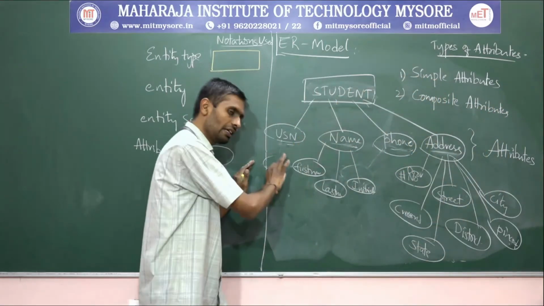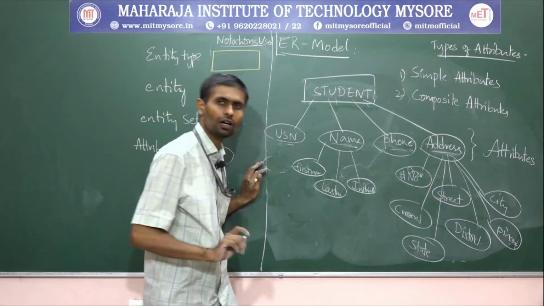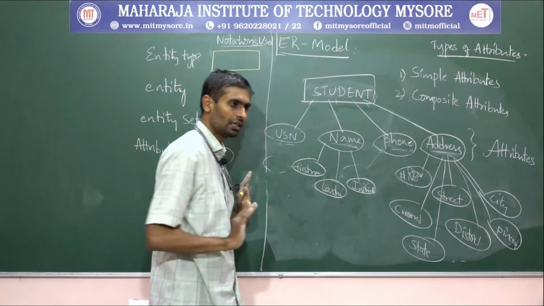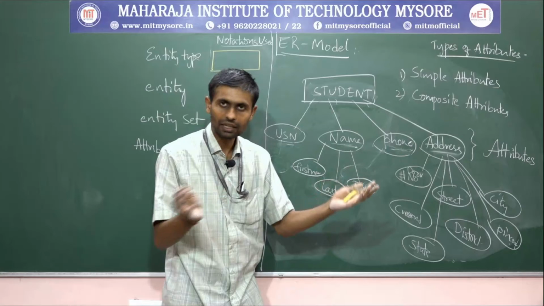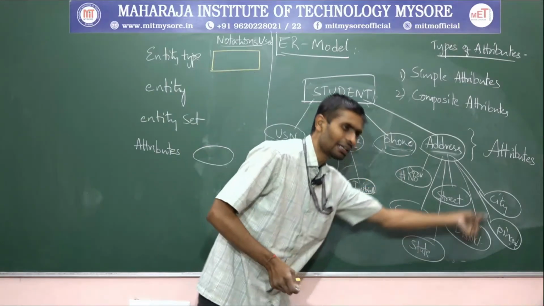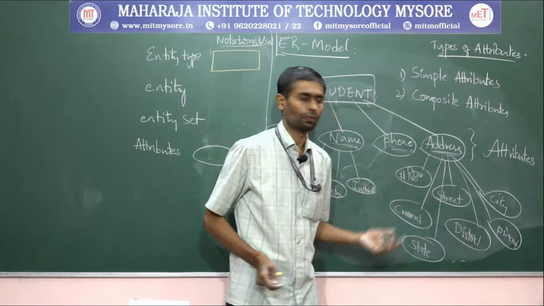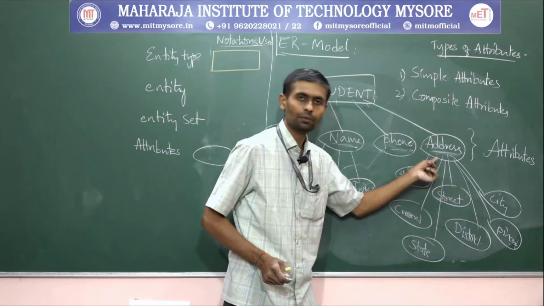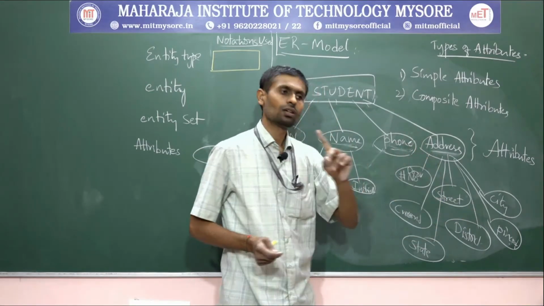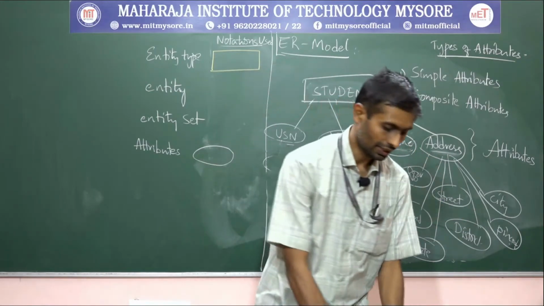Simple attributes are the simplest form, which we cannot further divide, but composite attributes can be further divided and contain many simple attributes, constituted together to form one composite attribute, like this.